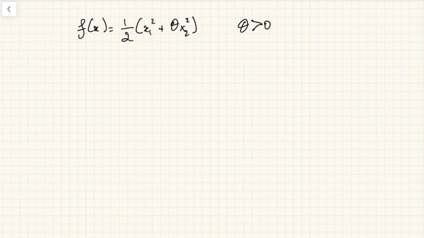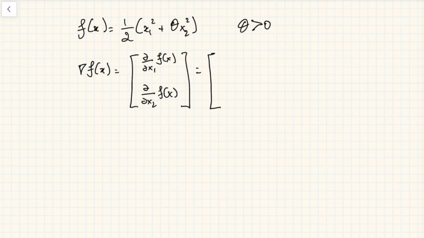So the gradient right here, we need the analytic expression. Here we've got two entries. The first one is the derivative with respect to x1, and the second one is with respect to x2. If we derive f with respect to x1, all we get is half times 2x1.